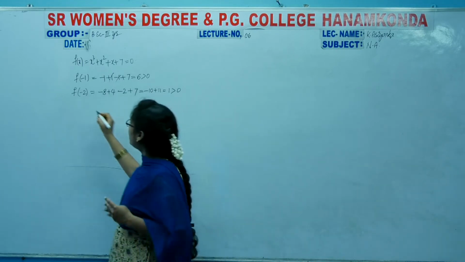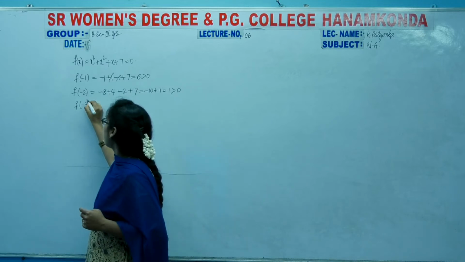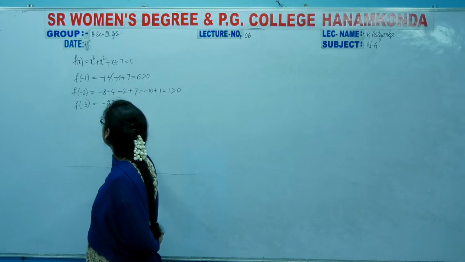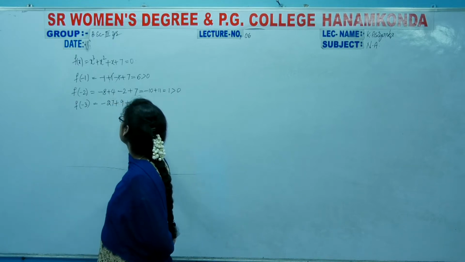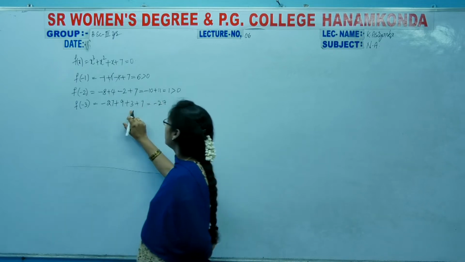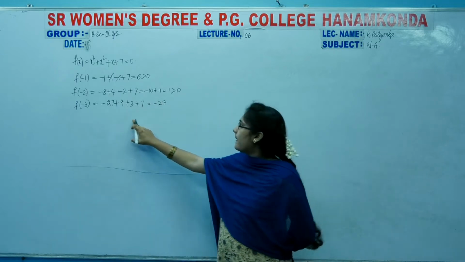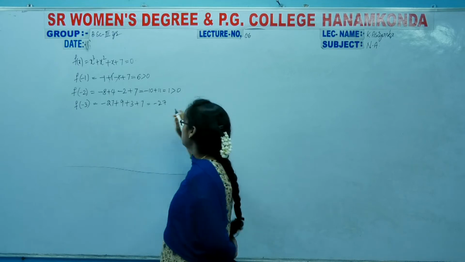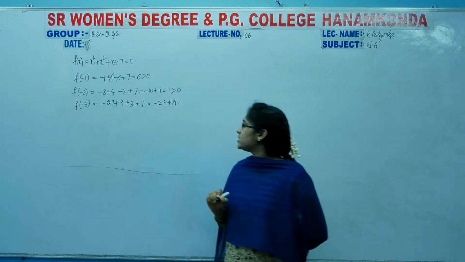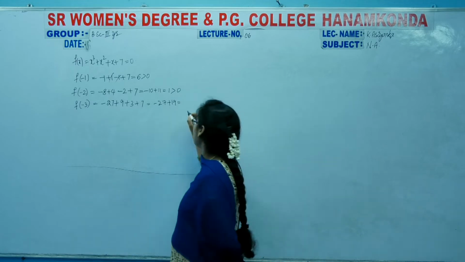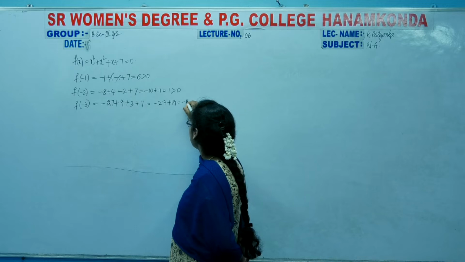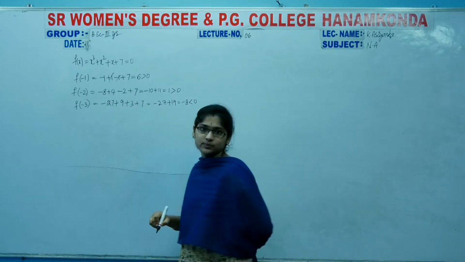Okay, so now I am taking f of minus 3. Then what I get: minus 27 plus 9 plus 3 plus 7. Now minus 27 plus 19, that means minus 8, which is less than 0.